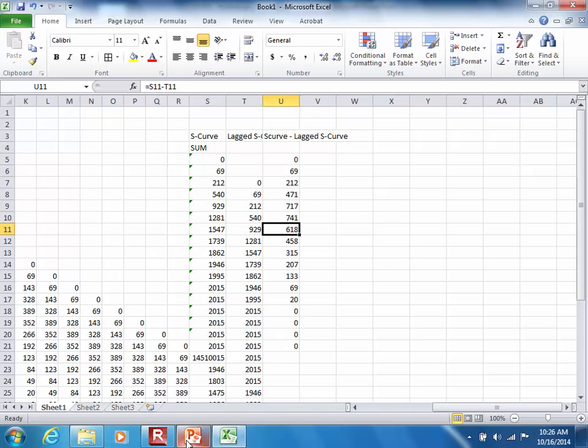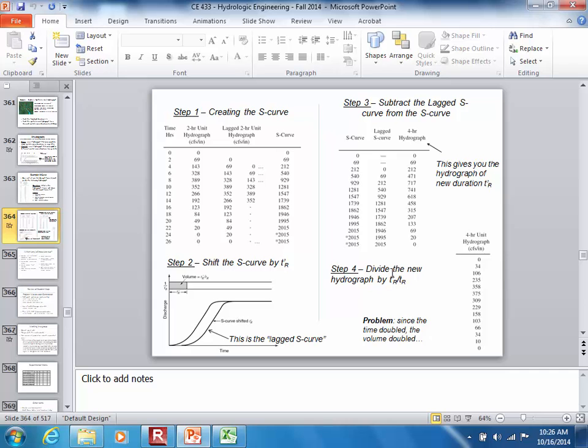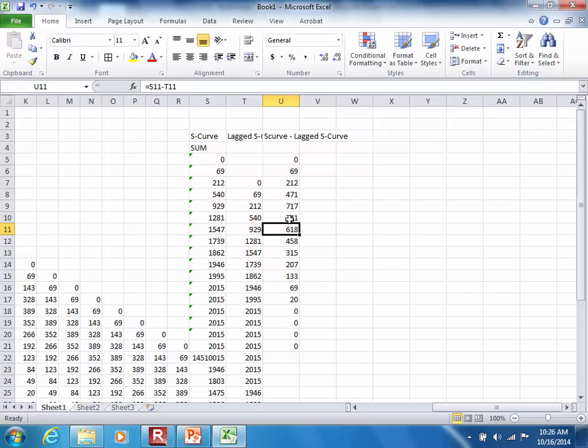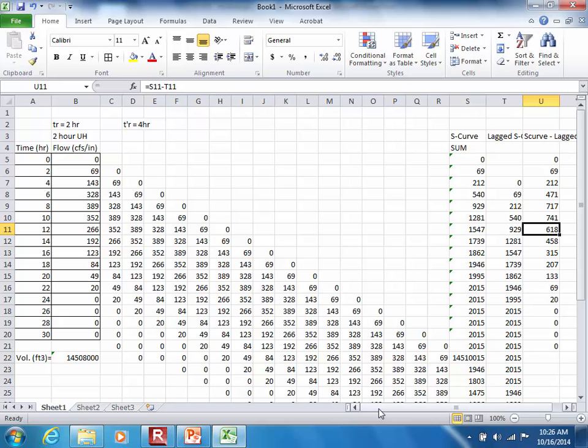So the last step, step 4, says divide the new hydrograph by T prime R divided by TR. We're going to have to divide this hydrograph by 2, and the reason is that the volumes are off.